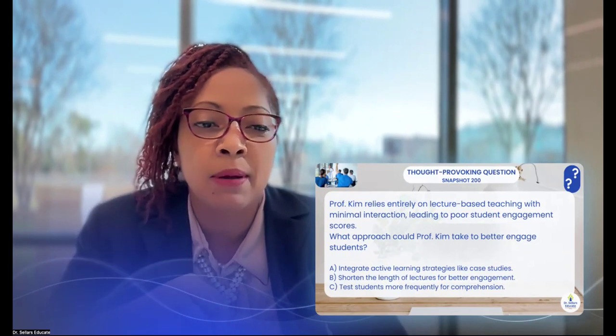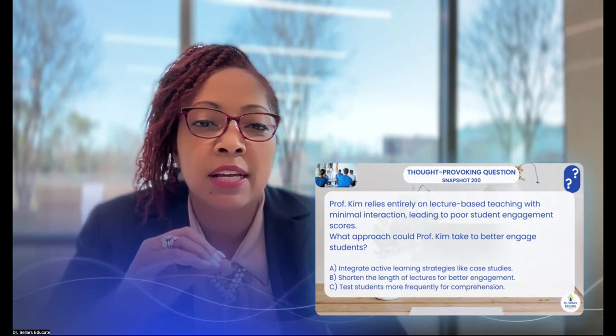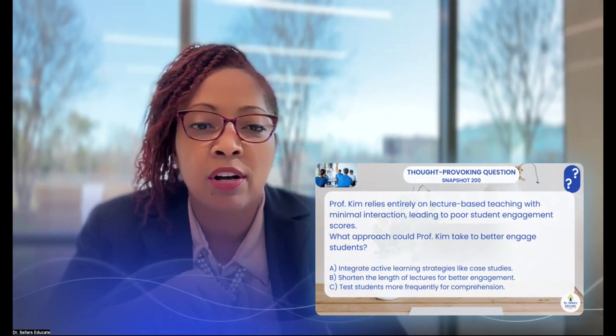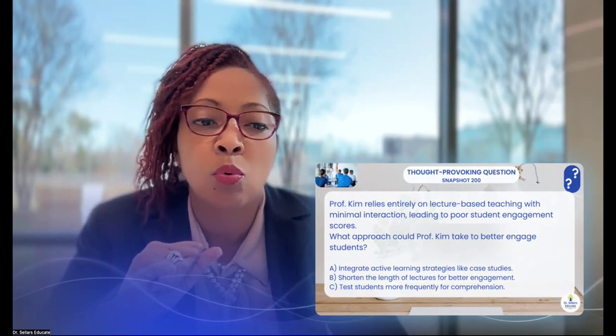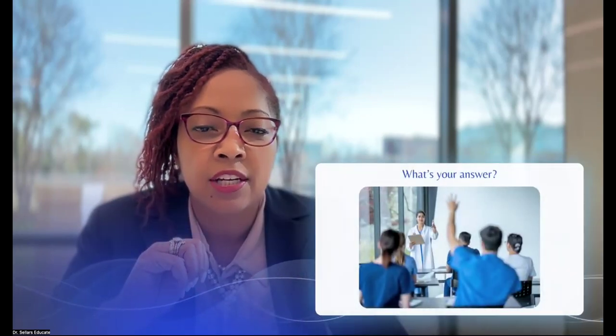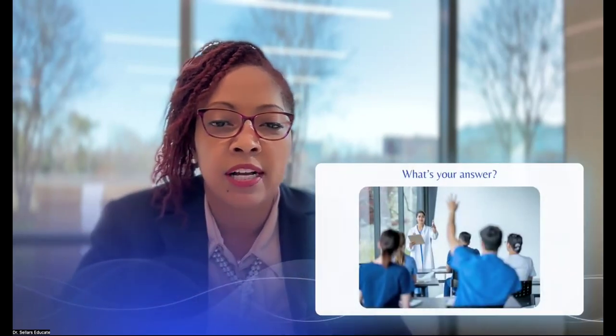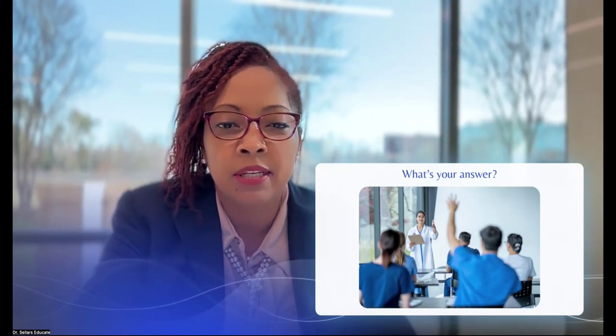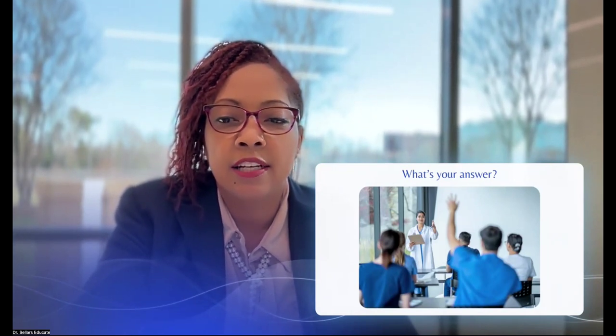So you want to think about what this question is really related to in regards to the content being questioned. Go ahead and write down what you think your answer is, and we will wrap up our time together by looking at the correct answer and then talking through a little bit of the rationale as well.